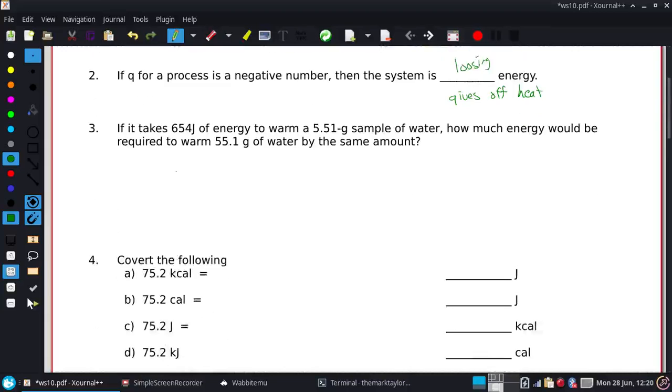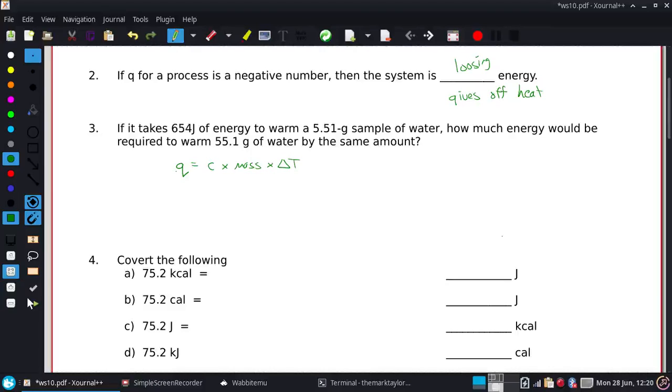All right, number 3, couple different ways to do this. Using our formulas, we could see that Q, the energy that's given off, is related to the specific heat of the substance, water in this case, times the mass of the water, times the change in temperature.